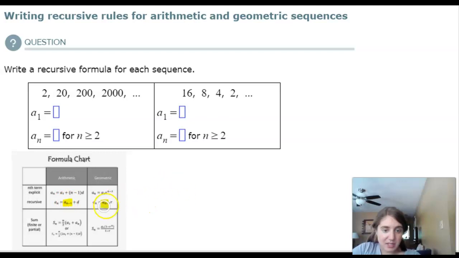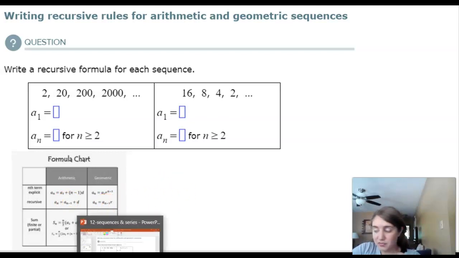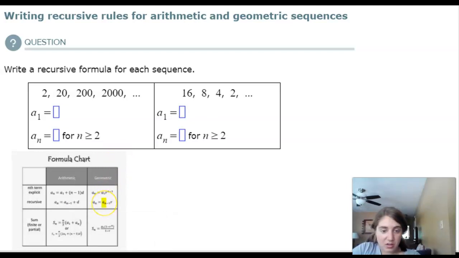So that basically means like the term before. So n minus 1 means the term before. And let's just see what pattern we have. So this is times 10, times 10. So I have a geometric.